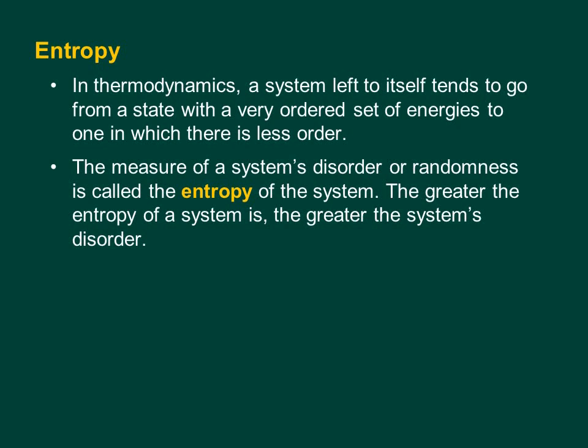The measure of a system's disorder or randomness is called the entropy of the system. The greater the entropy of a system is, the greater the system's disorder. So entropy means disorder or randomness. More disorder, more entropy. More randomness, more entropy.